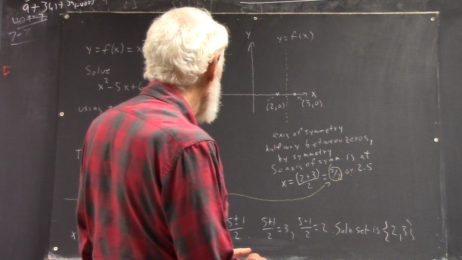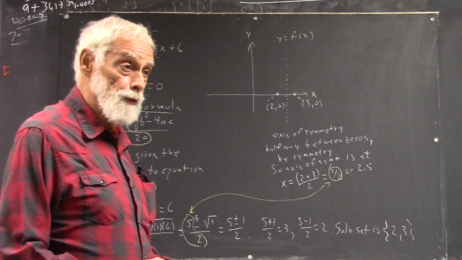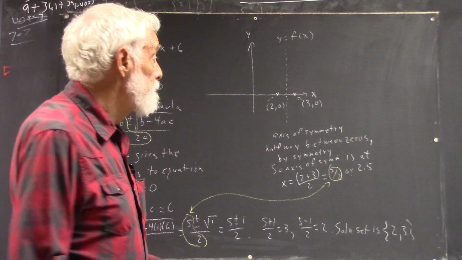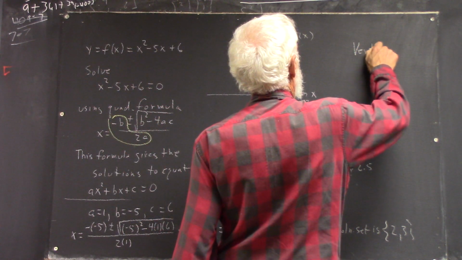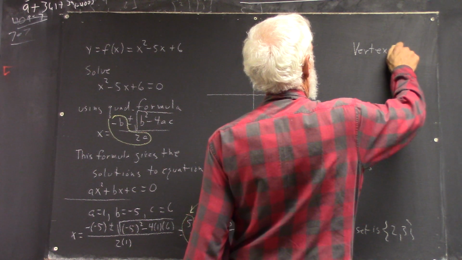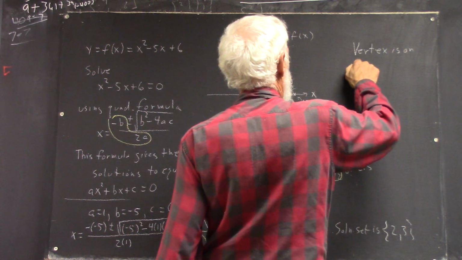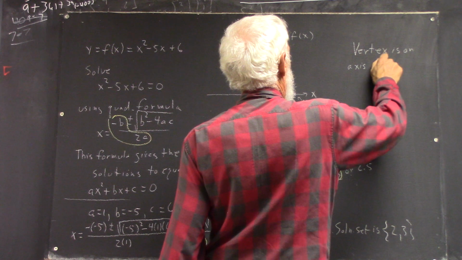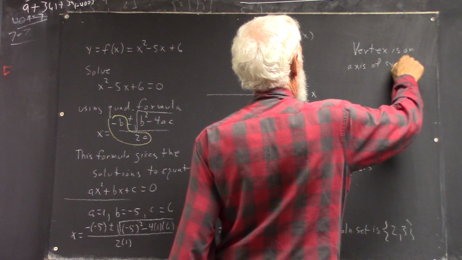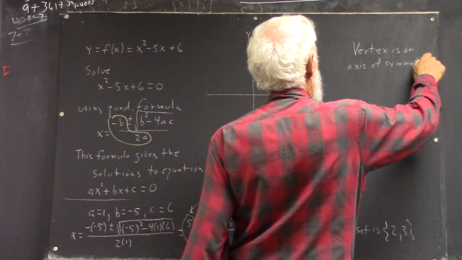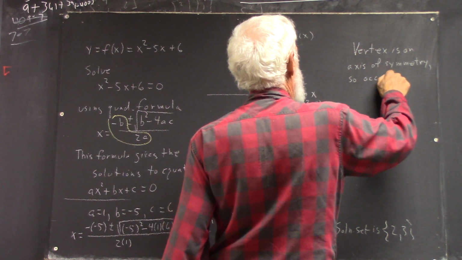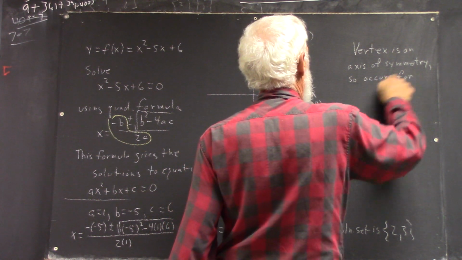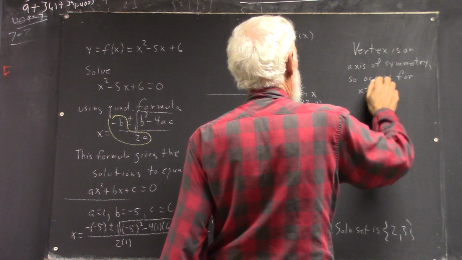Well, what can we do next? Well, the vertex lies on the axis of symmetry. So it occurs for x equals 5/2.